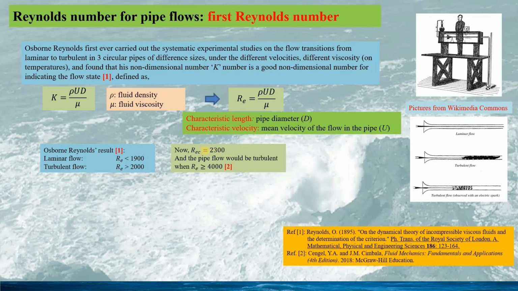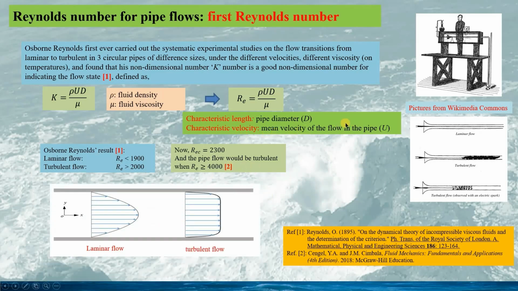That means when the Reynolds number is less than 2300, the flow would be laminar, and the pipe flow would be turbulent when Reynolds number is larger than 4000, and in between the flow would be in transition from laminar to turbulent.